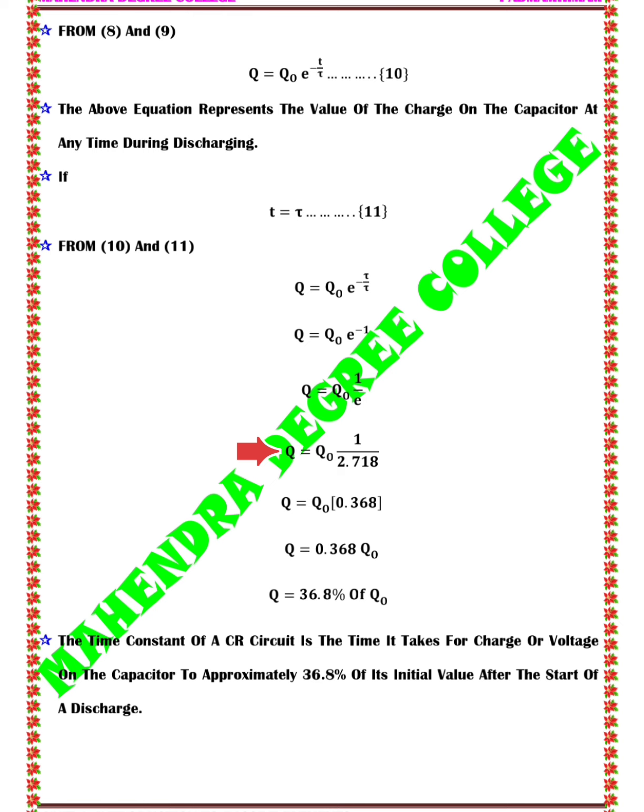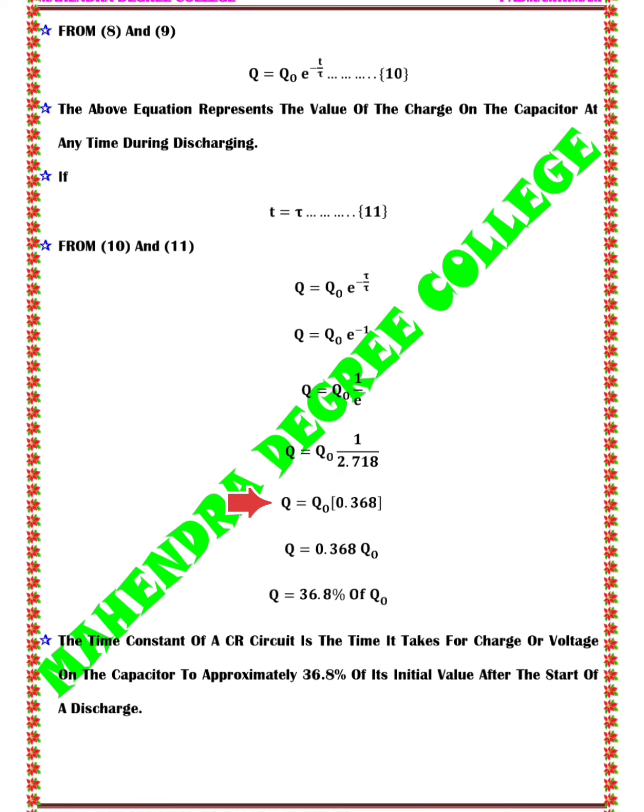We get Q equals Q naught into 1 by 2.718, where 1 by 2.718 means 0.368.